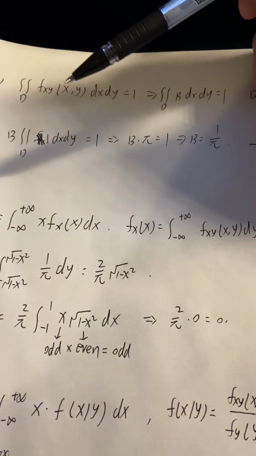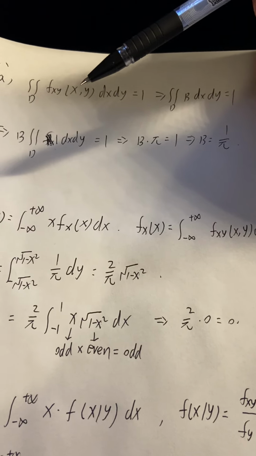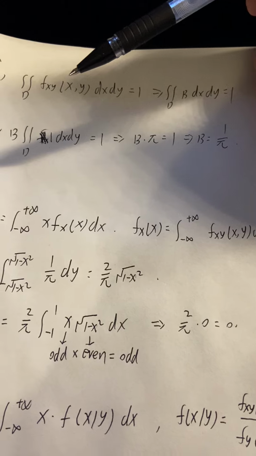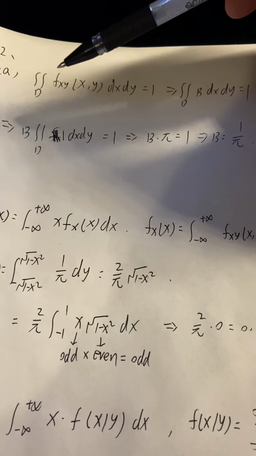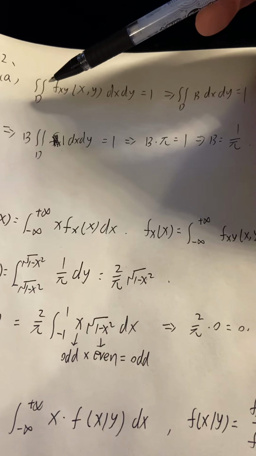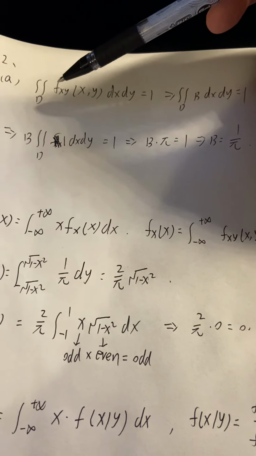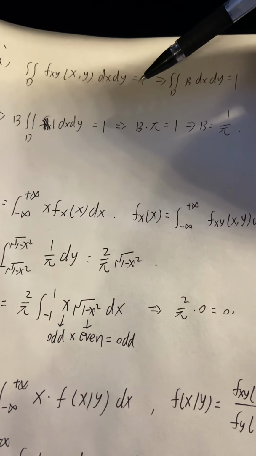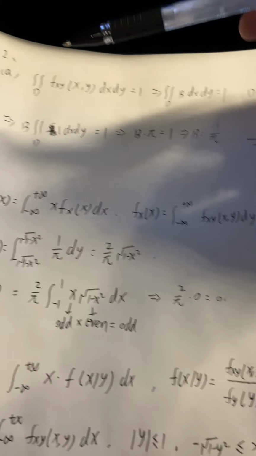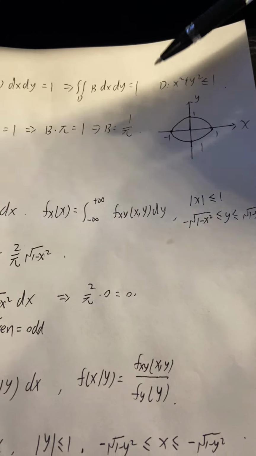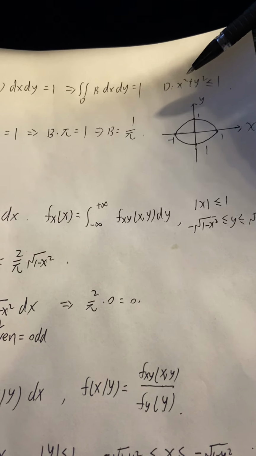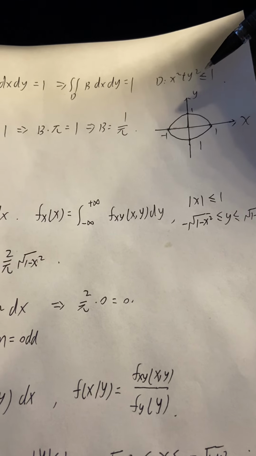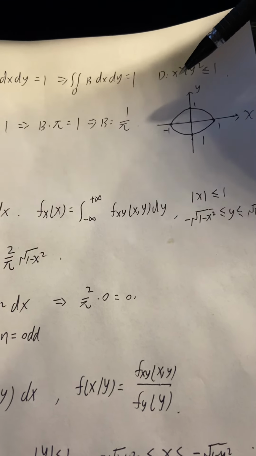We know if f(x,y) is a valid density function, the double integral of this function times dx dy will be equal to 1, over the region D, which is x squared plus y squared less than or equal to 1.